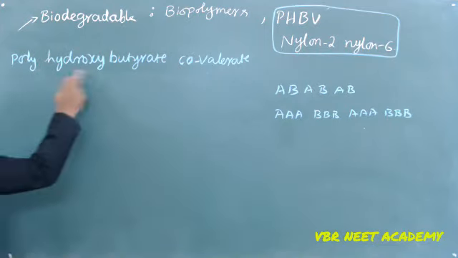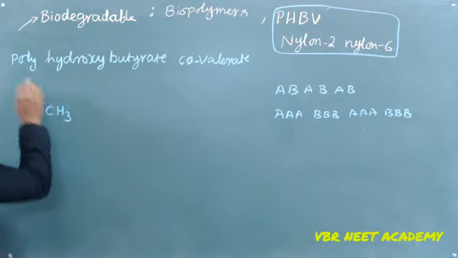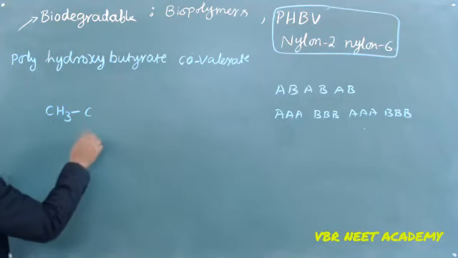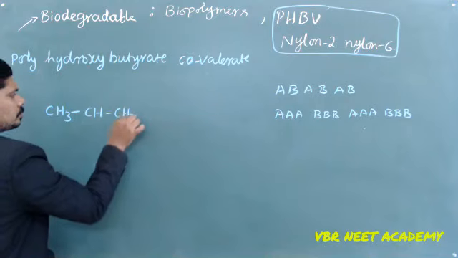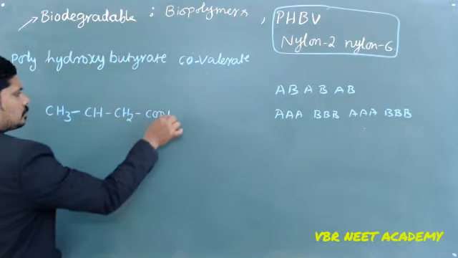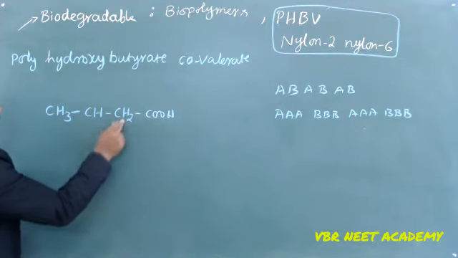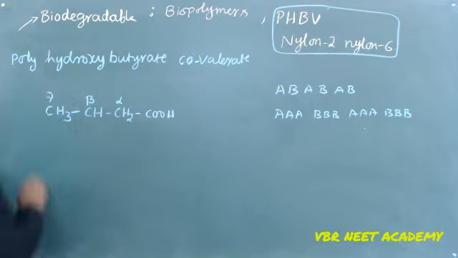How are we going to write hydroxybutyric acid? We are going to take beta hydroxy. Now, this is the carboxyl group. The adjacent carbon is called alpha, the next adjacent carbon is called beta, the next is called gamma.